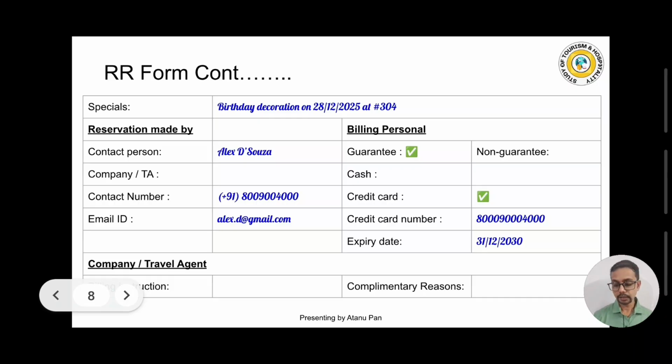The second one is ALC, advanced letting chart, which is also called advanced reservation chart. The third one is DCC, density control chart, and the fourth one is the room reservation form. Out of all these, nowadays we only use the room reservation form. The first three are not in use nowadays in computerized systems.